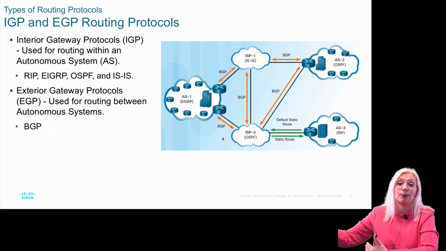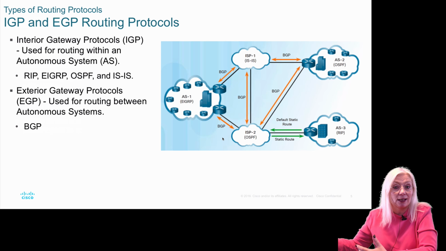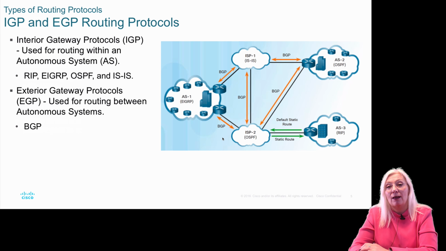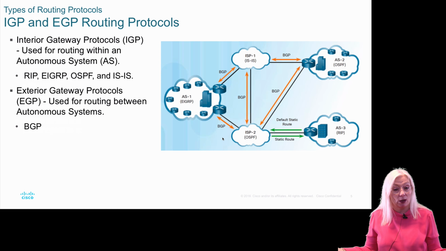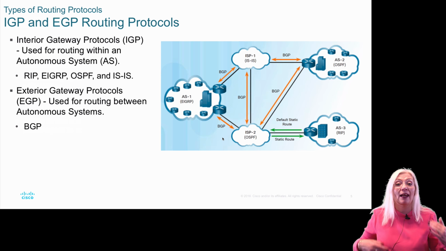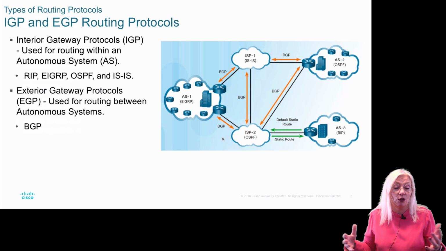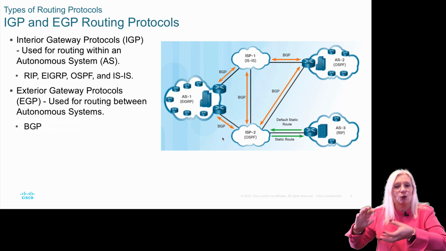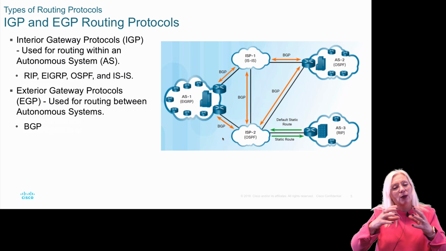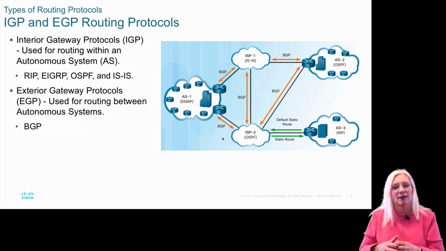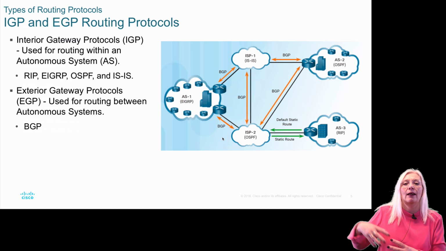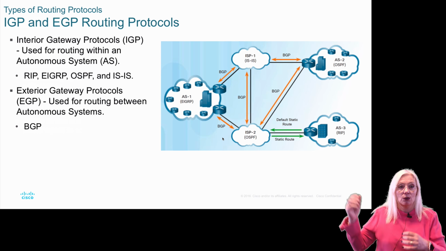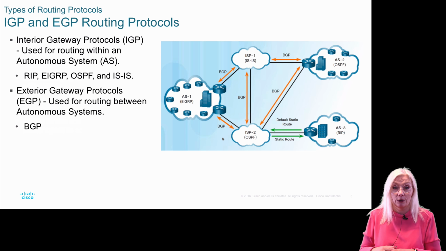So that could be between different organizations. We can, of course, have organizations that are huge and have different autonomous systems within the same organization. But we try to put them into groups, and within the same group we are using the interior gateway protocols, and between these groups we are using the exterior gateway protocols.